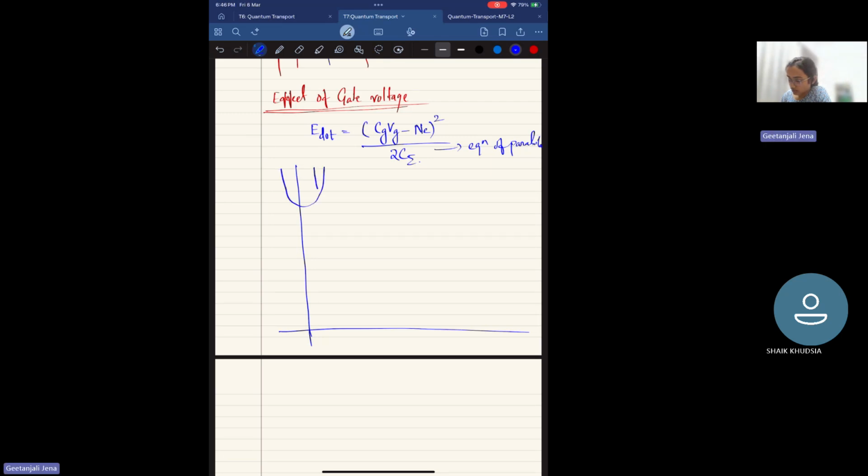So we have a parabola because of this electrostatic energy. Whenever two adjacent parabolas touch each other, we'll see tunneling of charge to the next higher level.